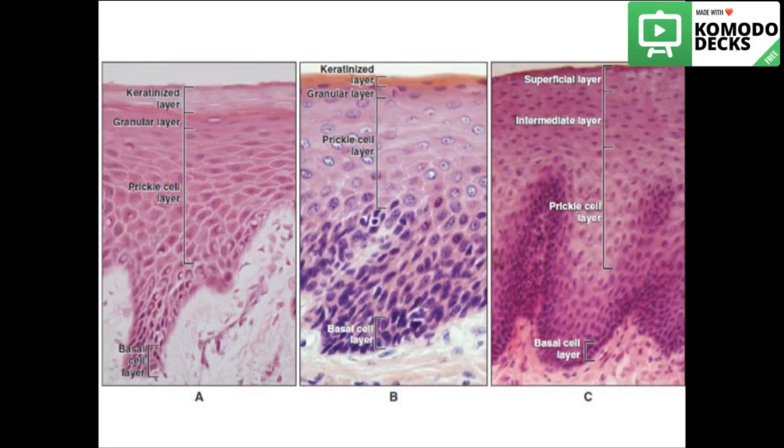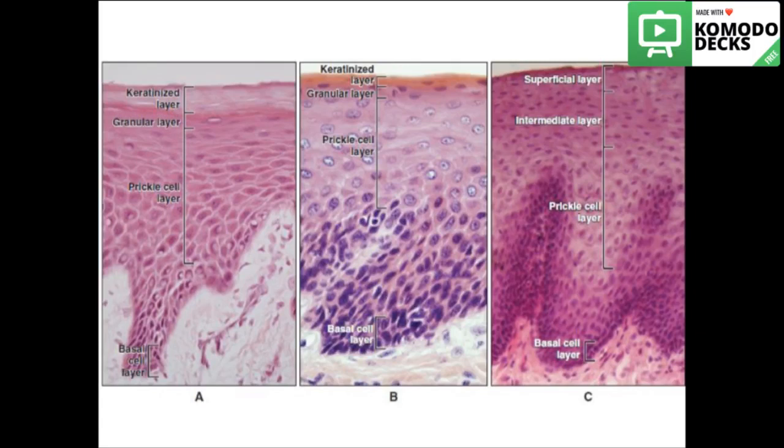As we can see, in the keratinized epithelium, there is one large layer of almost 20 cell thickness that is keratinized or can be para-keratinized, which contains some nuclei.